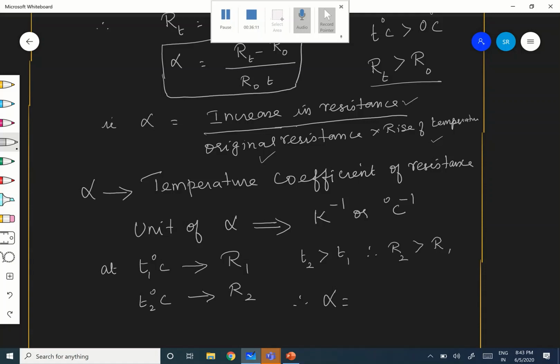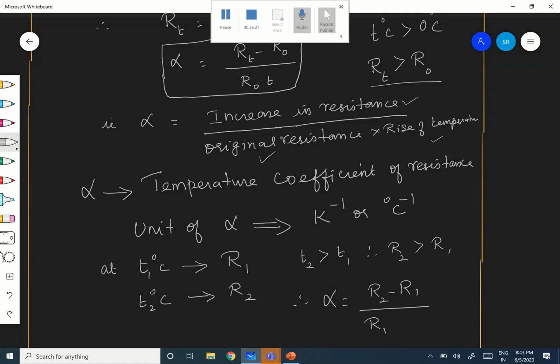Therefore, how to write alpha? The increase in resistance is R2 minus R1, divided by the original resistance. What is the original resistance? R1, because you have taken the resistance at T1 degree as R1. After that I am increasing the temperature from T1 to T2, therefore the resistance becomes R2.